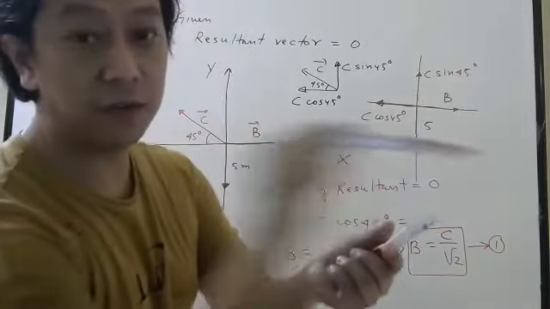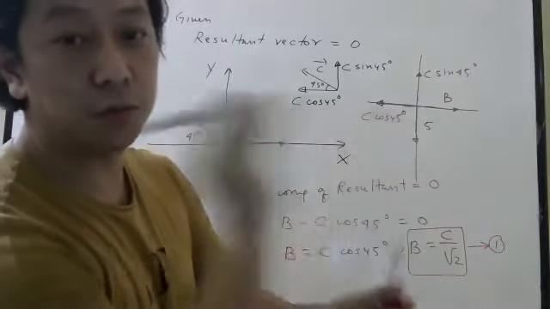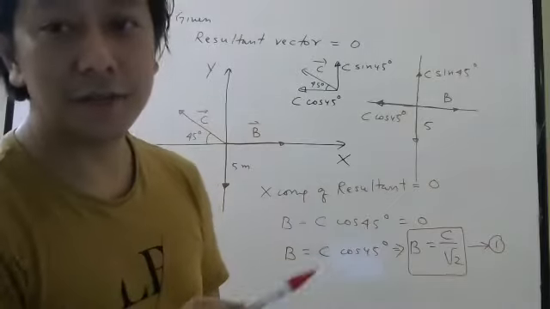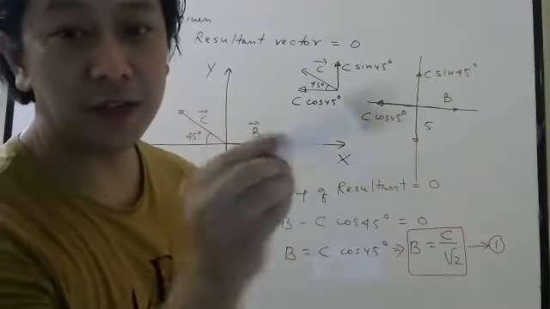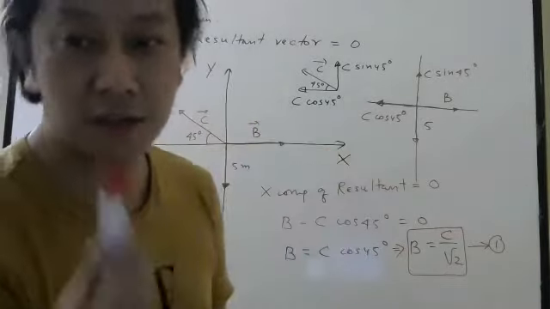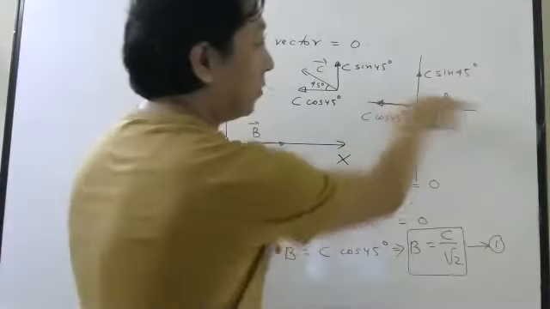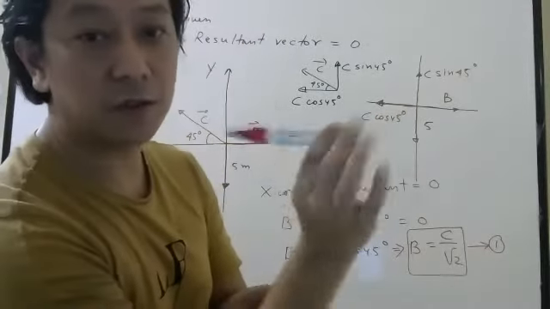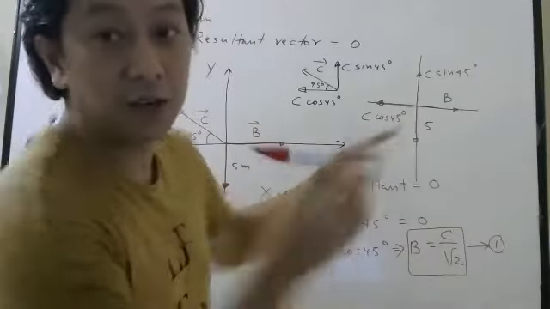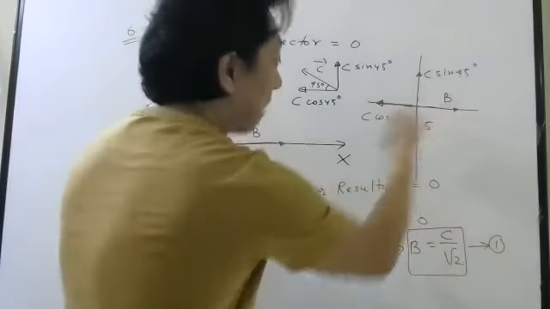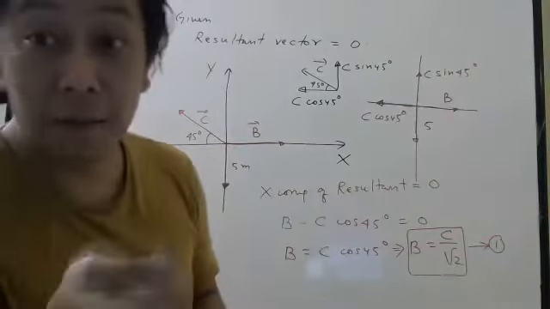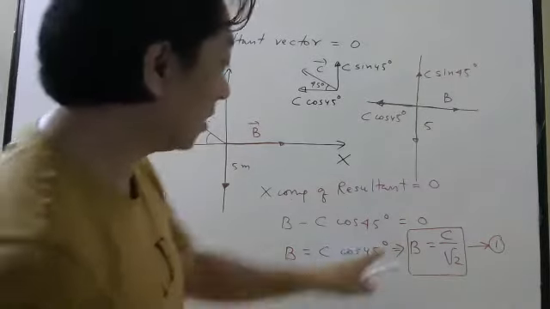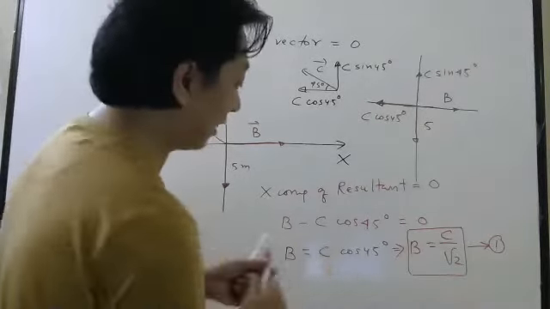If this is 5 Newton, this is 2 Newton, what is the resultant? 3 Newton. So if this is B, and this component is C cos 45, resultant will be B minus C cos 45. But that should be, according to the question, 0. So take it this side.